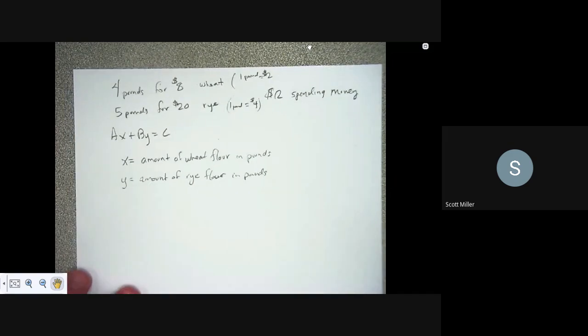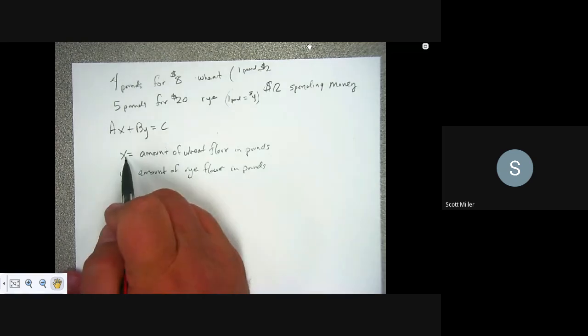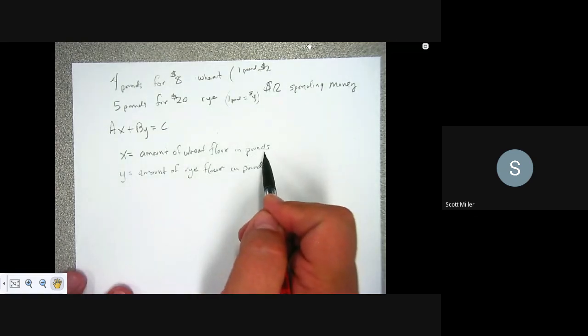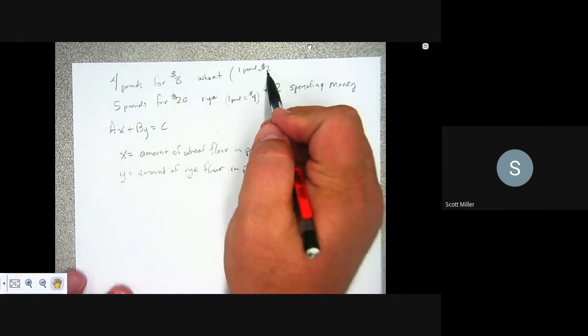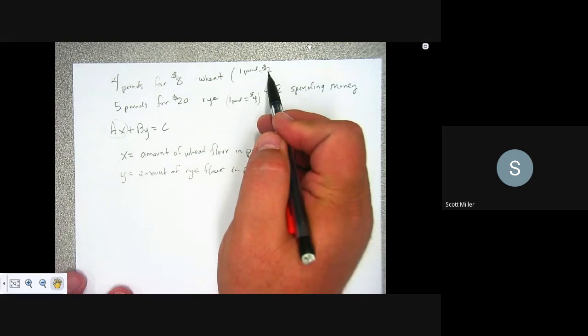When I buy something at the store, it gives me a cost. If I want to buy 1 pound of wheat flour, it's going to cost me $2. If I buy 2 pounds, it's going to cost me $4. The A number here, combined with this quantity, if that tells me how many pounds I buy, then to get a dollar amount from that, I have to put a dollar amount for the A, a fixed amount.